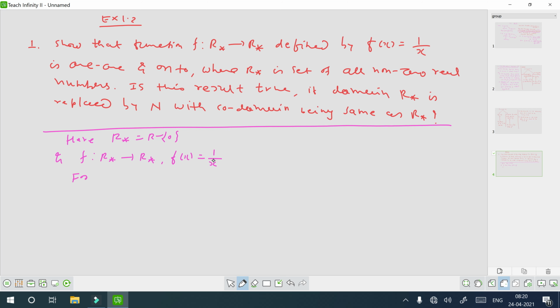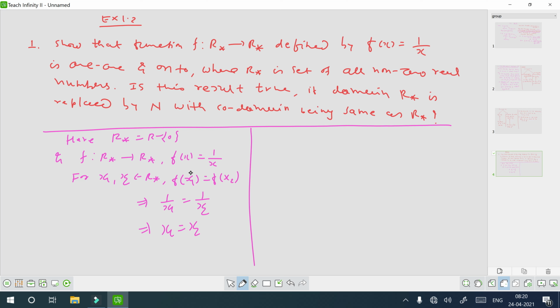For x1, x2 belongs to R star, here we want to show that it is 1, 1 and onto. So start with this definition. f of x1 is equal to f of x2. This implies 1 by x1 is equal to 1 by x2. This implies x1 is equal to x2.